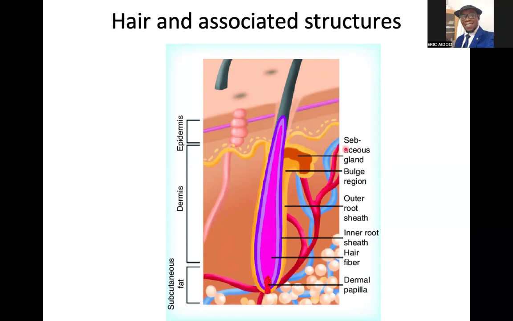So we have the sebaceous gland there, the bulge region, the outer root of the hair follicle, then the inner root sheath, then the hair fiber, and then the dermal papilla, which is actually within the subcutaneous region of the skin. So that is the dermis and that is the epidermis.